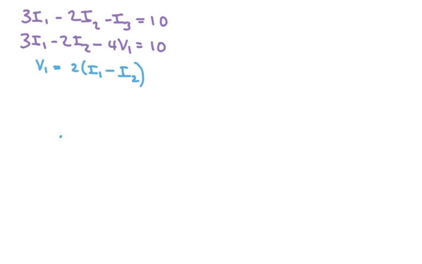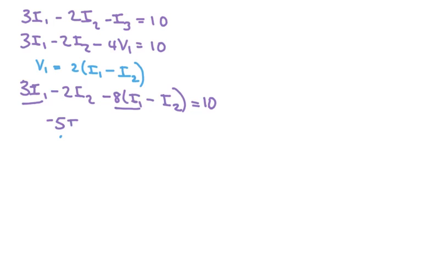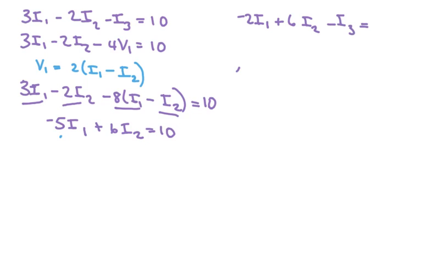If we rewrite again using substitution, we have 3I1 minus 2I2 minus 8I1 plus 8I2 equals 10, and when we combine like terms, we have minus 5I1 plus 6I2 equals 10.